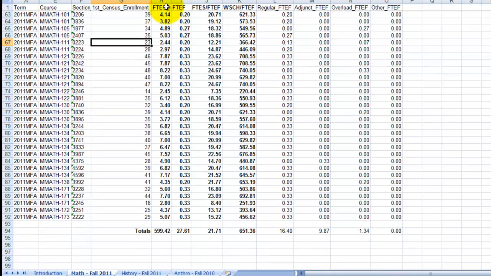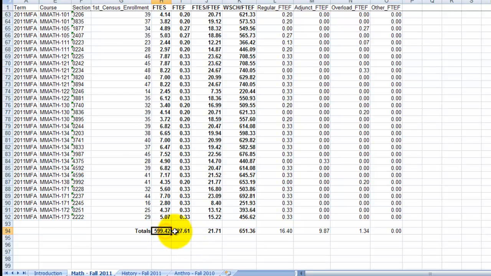We take all the FTES for the entire department and add them up. So across all math classes in fall 2011, there was almost 600 FTES. And then across all math classes in fall 2011, there's 27.61 full-time equivalent faculty. That's the sum of all the loads, whether they're full-time or part-time or overload classes.